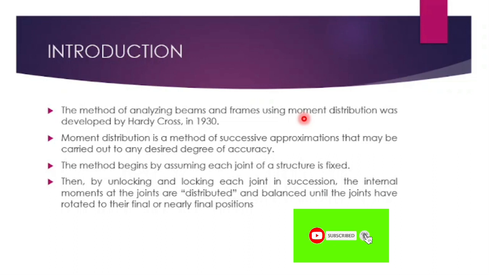The slope deflection method primarily first finds the theta value, but in the moment distribution method you will be finding the bending moment first. You will not be finding any theta here, directly you will be finding the bending moment. This was developed by Professor Hardy Cross in the year 1930, way before 90 years.